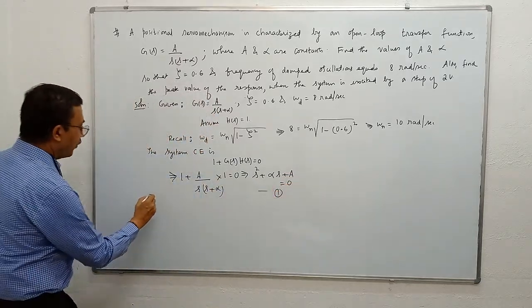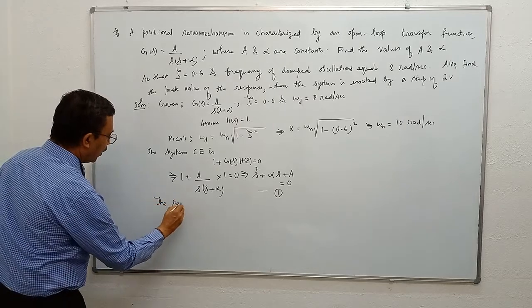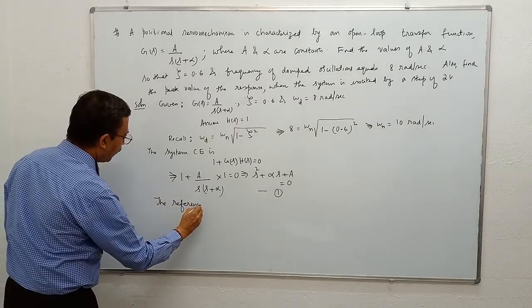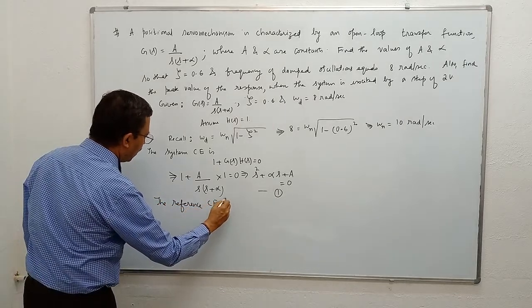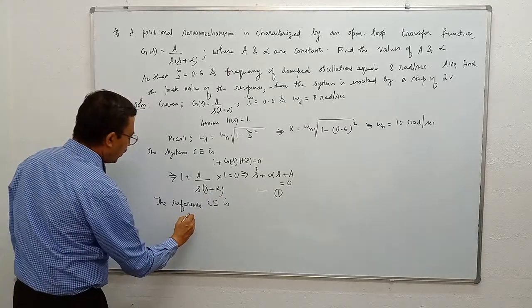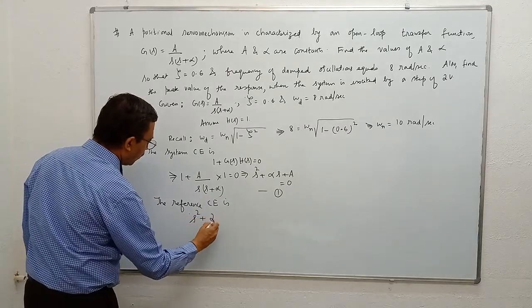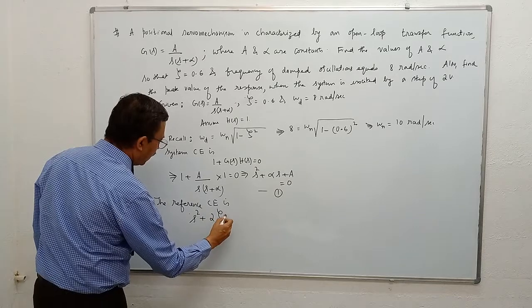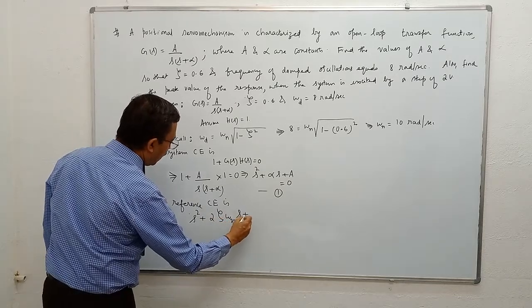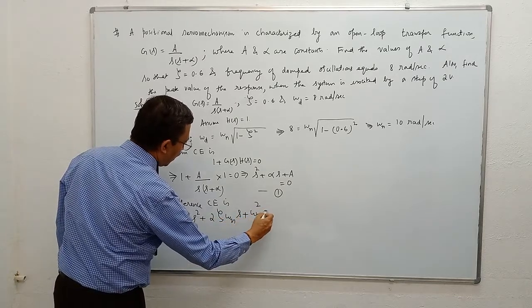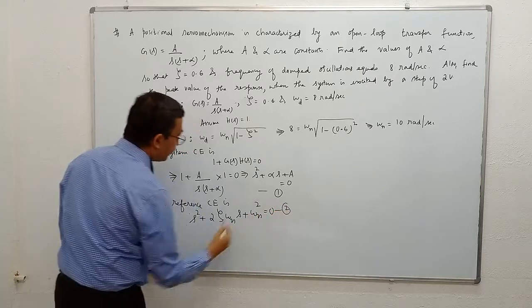The reference characteristic equation is s square plus 2 times zeta into omega n into s plus omega n square equal to 0.